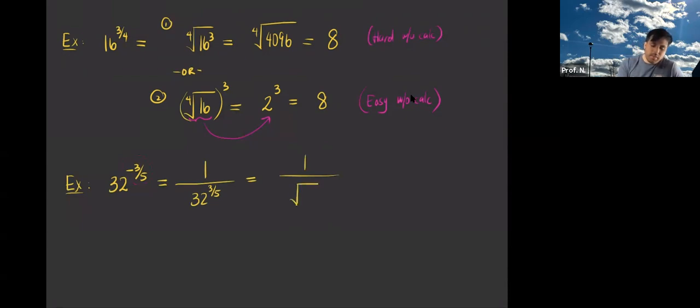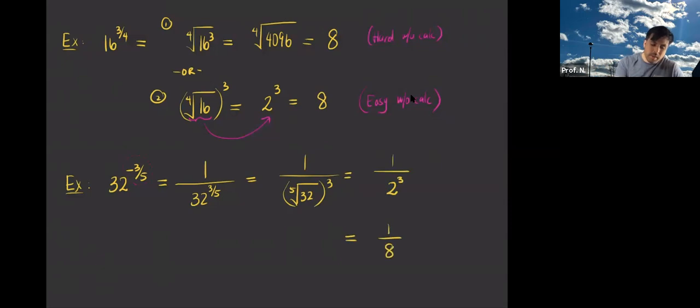And I can take the fifth root of 32 first and then cube it. Because it's easier to take the fifth root of something and then cube it rather than taking 32 cubed and then finding the fifth root of that. That's a lot more work. So the fifth root of 32 we've seen already is 2. And we have to cube 2.